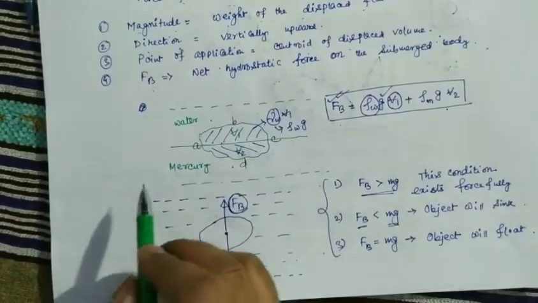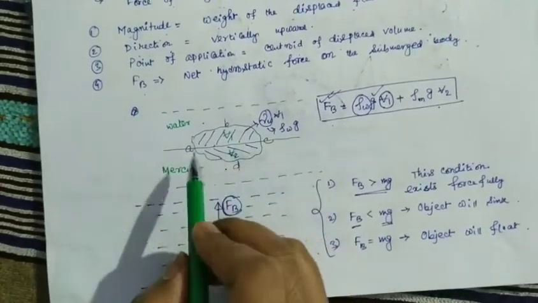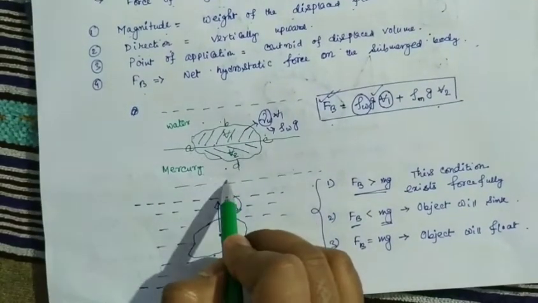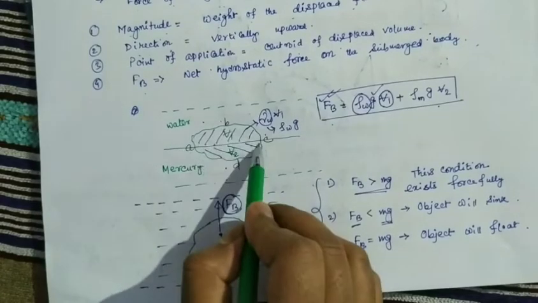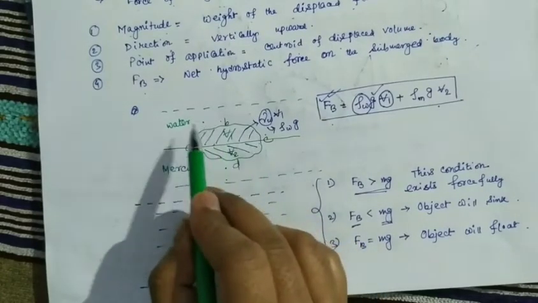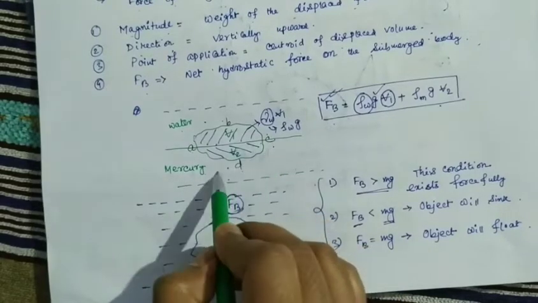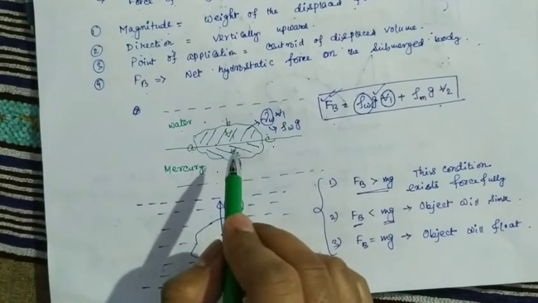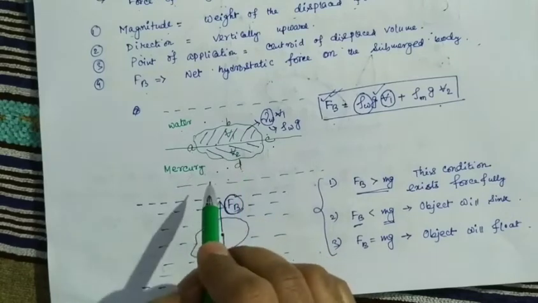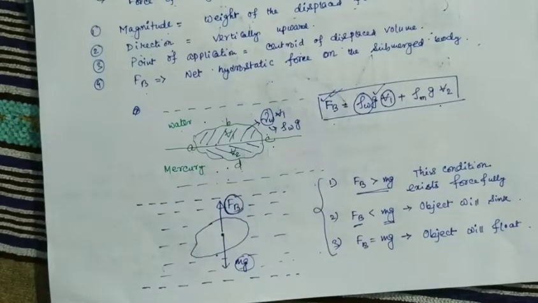Suppose I am taking an example, a body ABCD, whose ABC part is in water and ADC part is in mercury. Then you have to find out the total buoyancy force. What will be the total buoyancy force?